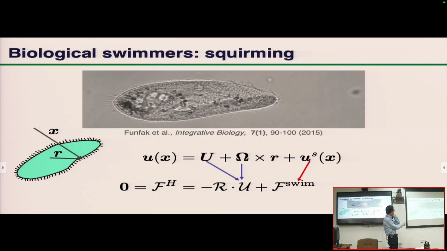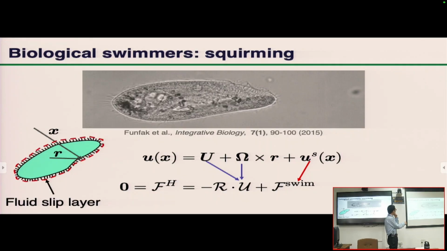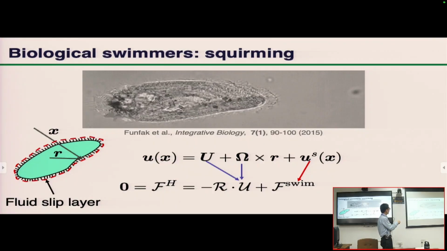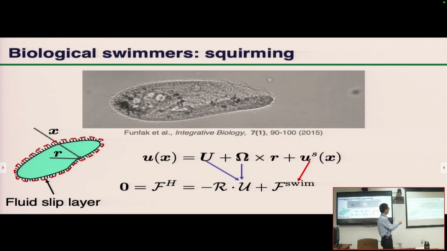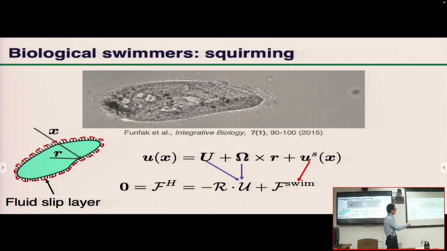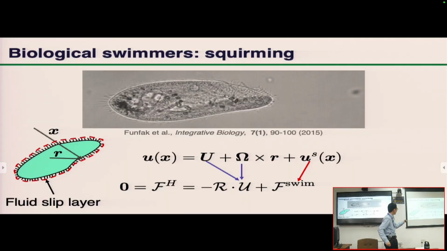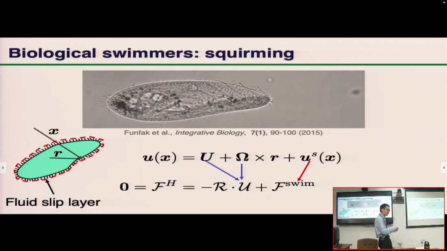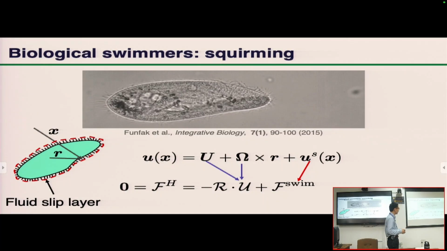If we look at the fluid velocity in the layer right outside these hairs, the velocity here must be equal to the velocity of the object, that's the rigid body translational velocity of the swimmer at this instant in time, and an angular velocity, since in general it could be rotating, plus an additional term, because these little hairs are generating local flow around the cell. So you need to add that slip velocity, generated by these little disturbances.